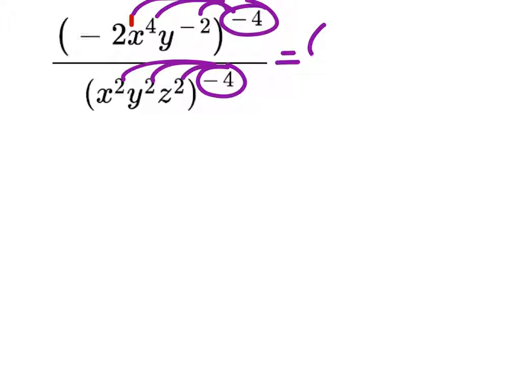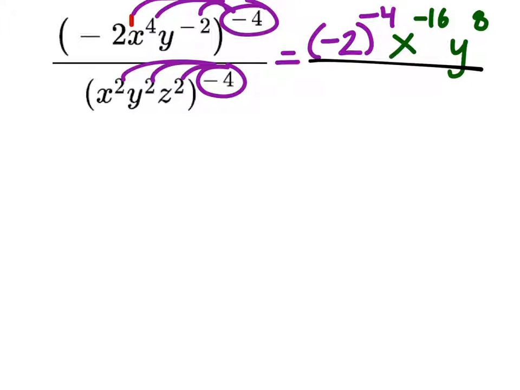I'm going to show this as negative 2 in parentheses. So then I got 1 times the negative 4, so that's a negative 4 there. And we'll get to evaluating that in a moment. But then I've also got x to the power of 4 times negative 4, which is negative 16. Y to the power of negative 2 times negative 4, which would give us a positive 8 there.